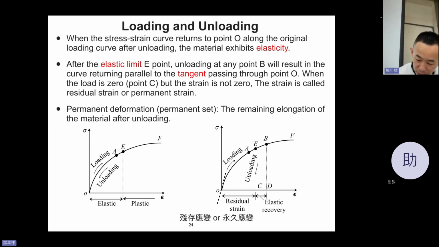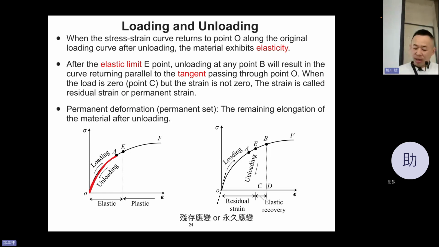You can see loading and unloading are on the same curve. So this is elasticity, and there's a limit, E, the elastic limit. It could be the proportional limit or it could be the yield stress point.